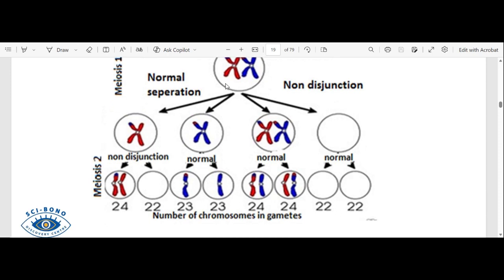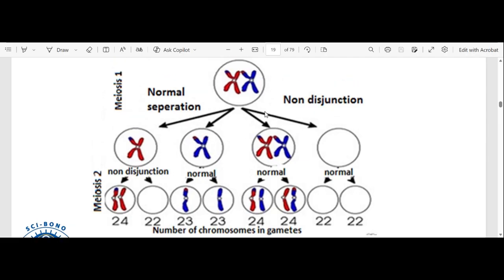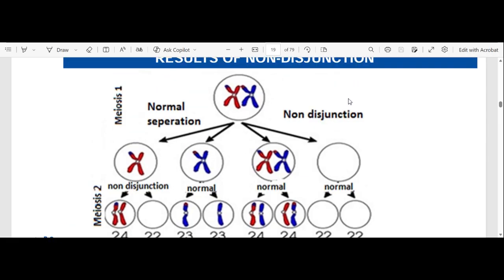So this is a normal separation here. Let's look at these two cells. Normal separation, and you see normal separation here, where each cell receives 23 chromosomes. It's fine. Now let's go to the non-disjunction part. Can you see these two cells?